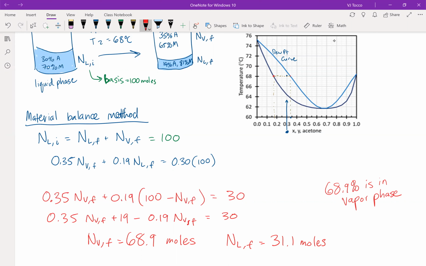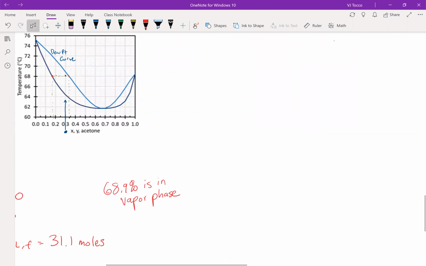Another way that you could solve this problem is called the inverse lever rule. In the inverse lever rule, you simply take the distance of the tie line and relate it to the percentage of the way that you are. For this one, I am going to have to zoom in.